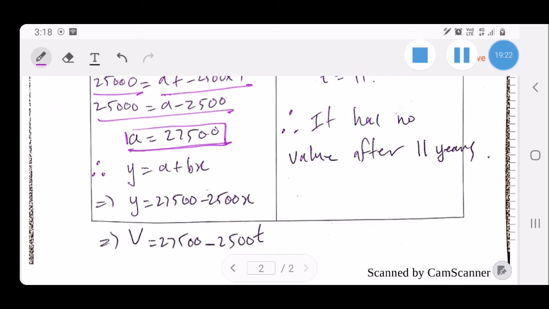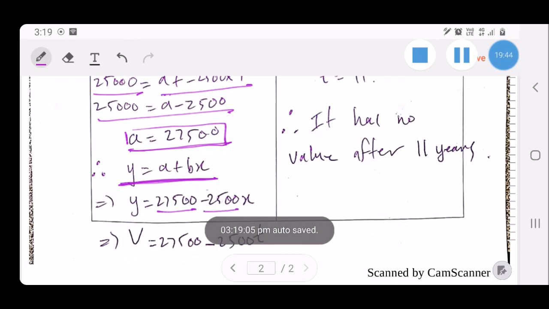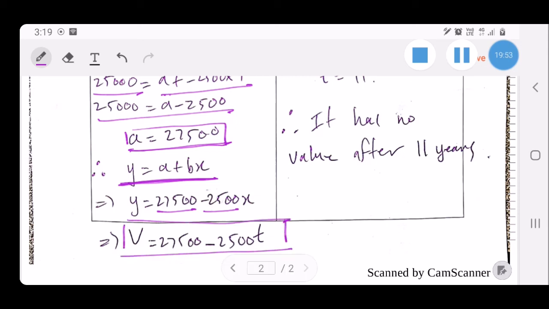All right, so turning back to the general form of a linear equation, y equals a plus bx, I'm simply going to substitute in my a value, which is 27,500, substitute in my b value, which is negative 2,500, and I get y equals 27,500 minus 2,500x, or V value equals 27,500 minus 2,500t.